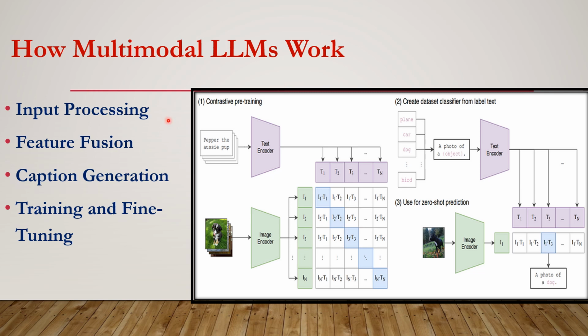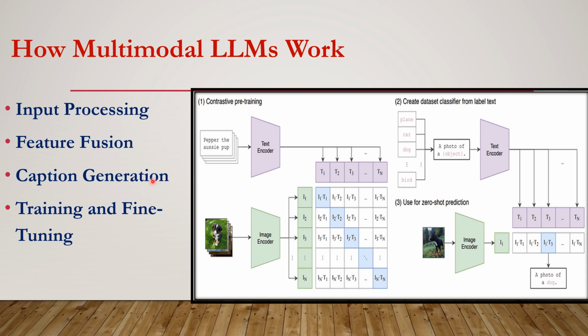It includes processes like input processing: an input image is fed into the pre-trained CNN, extracting the visual features, and the input caption is tokenized and embedded using the language module. Then we have feature fusion: the visual features and textual embeddings are projected into a joint multimodal space. The model learns to align these representations, capturing the semantic relationship between the visual and textual elements.